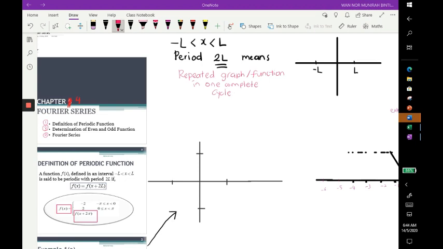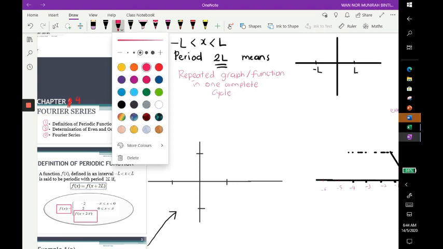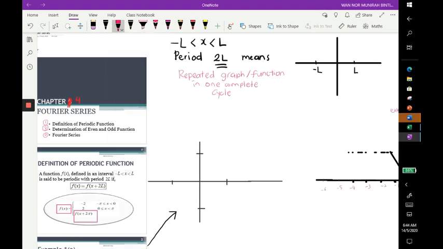Given a function f(x) defined within the interval from negative L to L, it is said to be periodic with period 2L, where f(x) equals f(x + 2L). So 2L is your period.